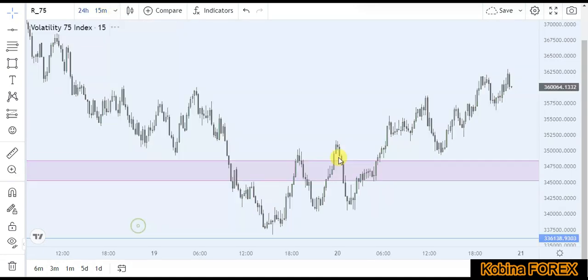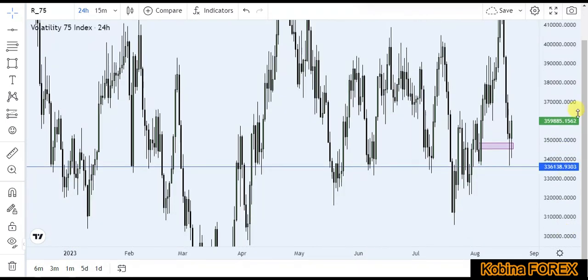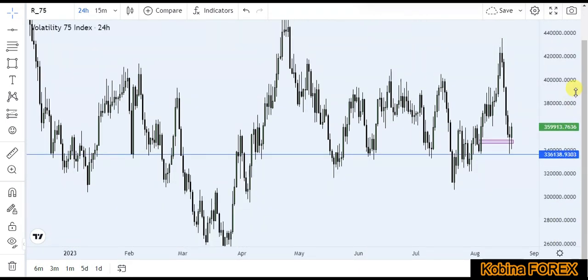Now let's look at our way forward within this week. What are we expecting? What's the expectation for the week?